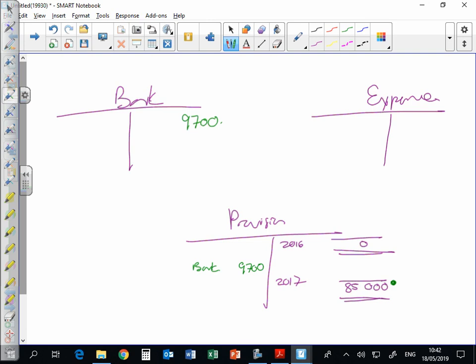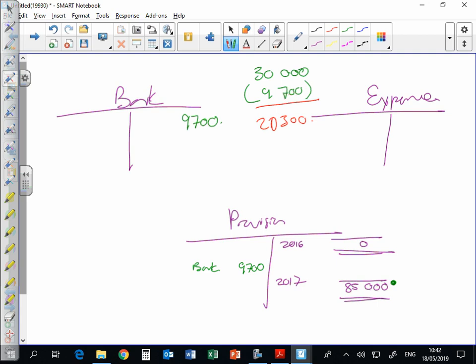So we would have debited our provision, credited our bank with 9,700. Now, we still have that whole 30,000 we still need to account for. We've already accounted for 9,700. So the rest of that provision is at 21,300. Let's go with that, 20,300.